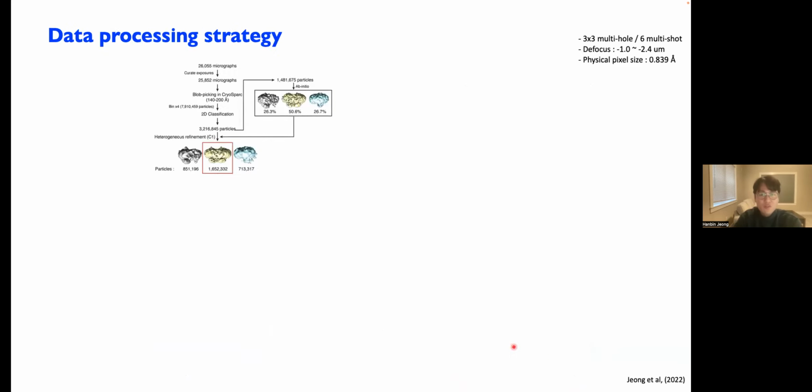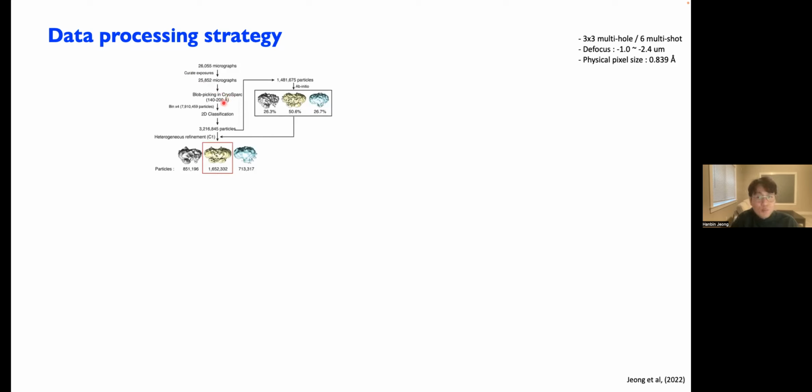So this figure shows the overall data processing strategy. I collected around 26K movies in 5 days, and motion correction and CTF estimation were performed in CryoSPARC.